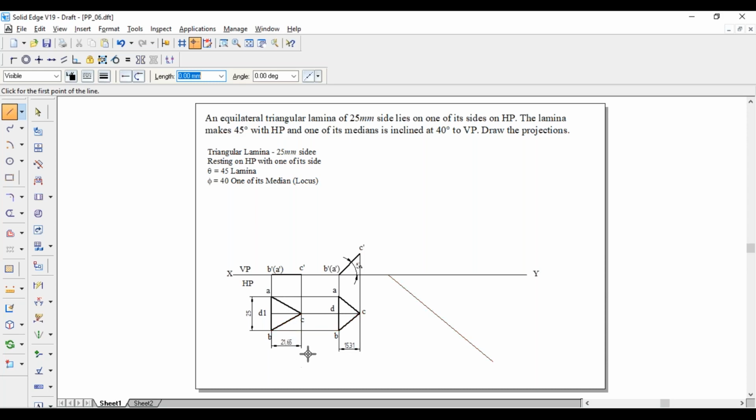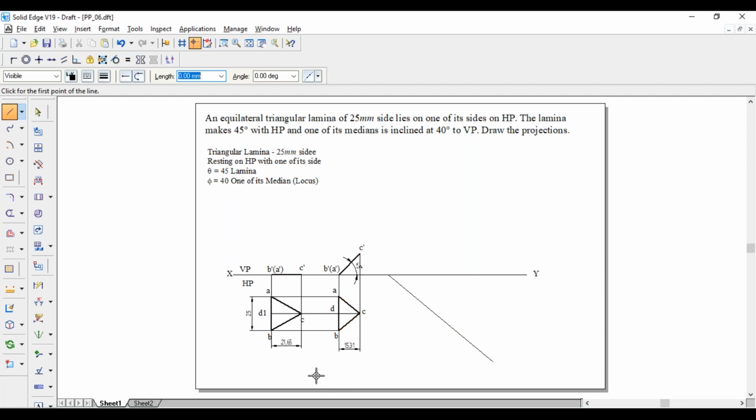So this is 21.65, but we can't draw this one here. This median has to make an angle of 40 degree. We should not draw this one here. Why? Because the third position has to be with respect to the second position only. Now we have to consider this one only, but this dimension is reduced.